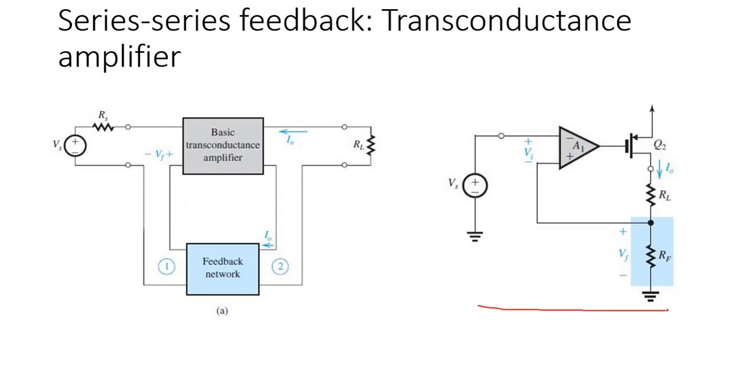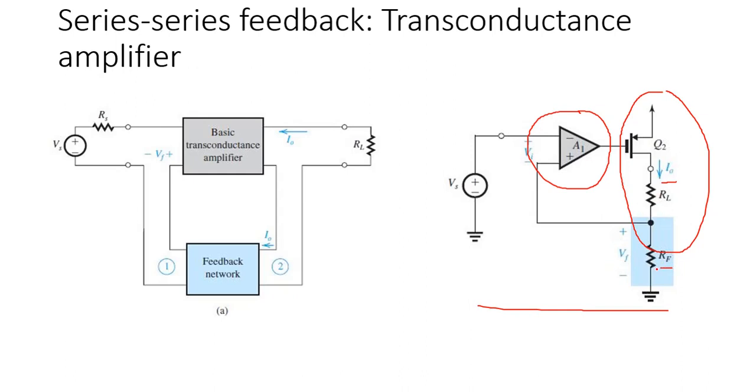Here in this circuit, it utilizes the differential amplifier A1 and a CS stage Q2. This is a common source stage Q2. The output current I0 is fed to the load resistance and the feedback resistance RF, which is connected in series with the load RL.